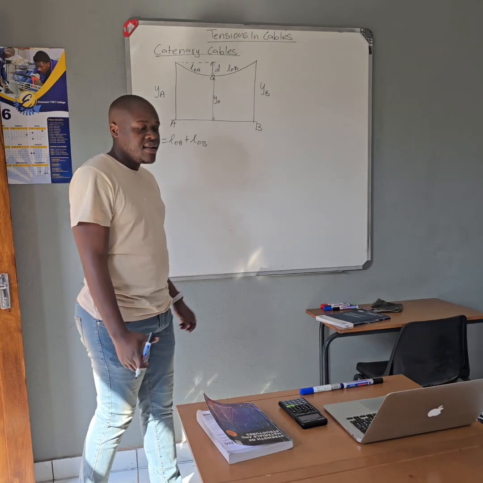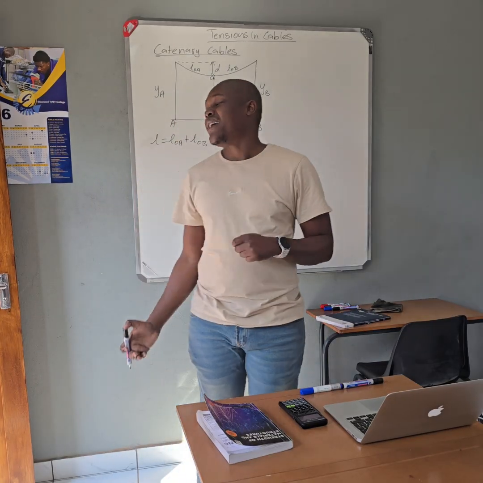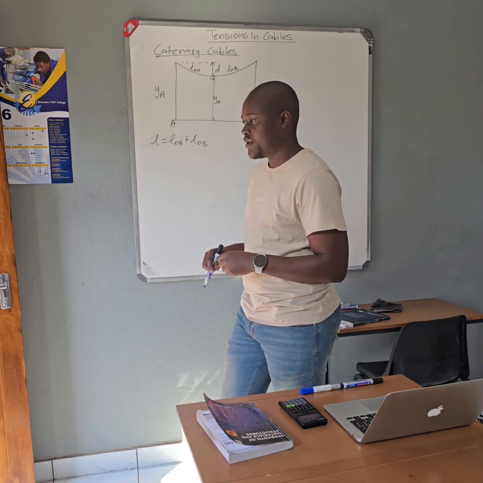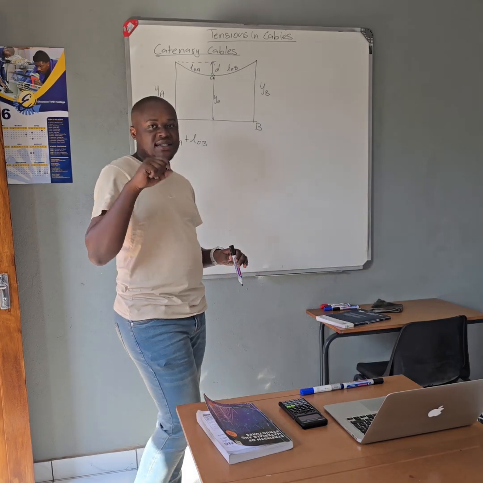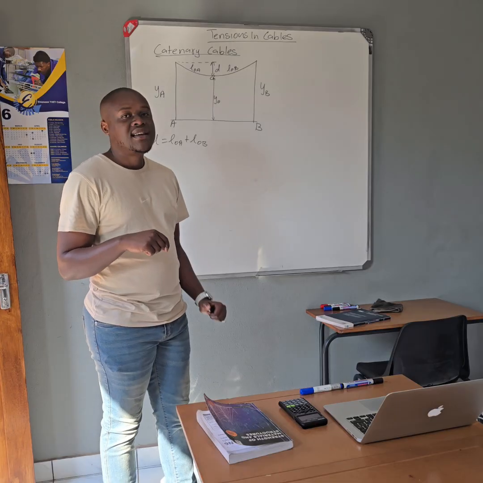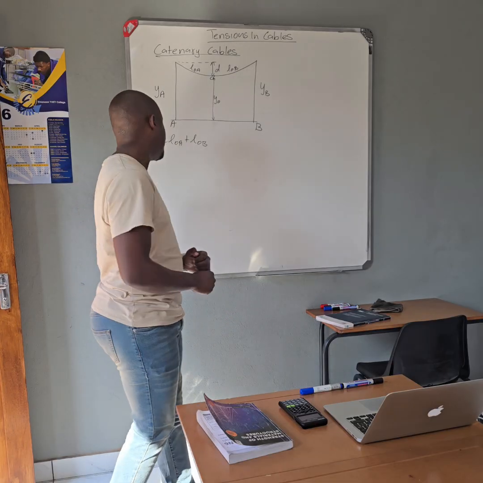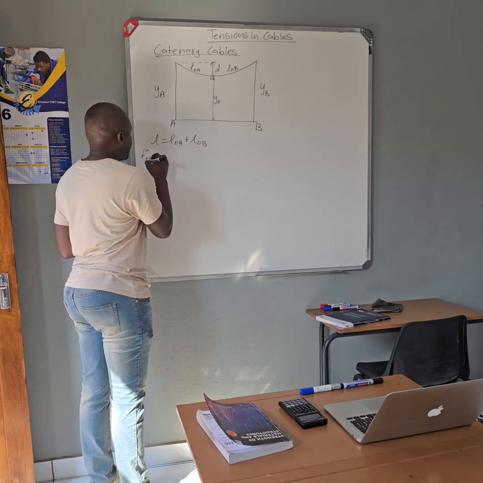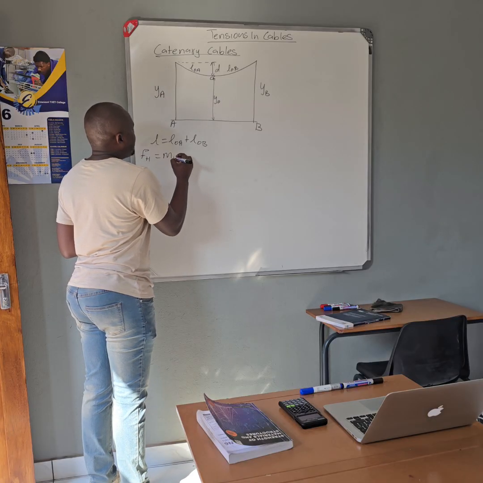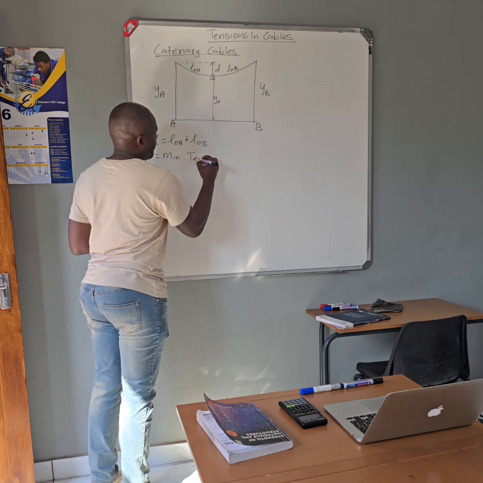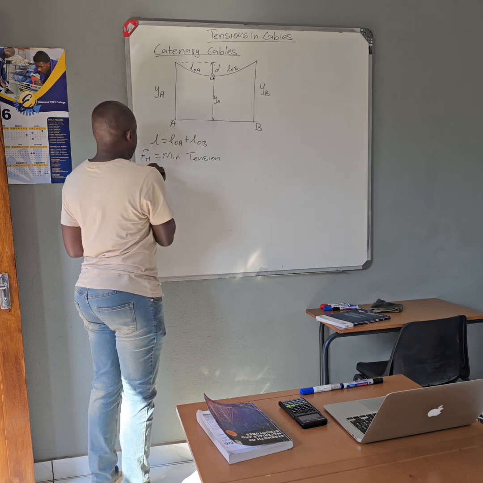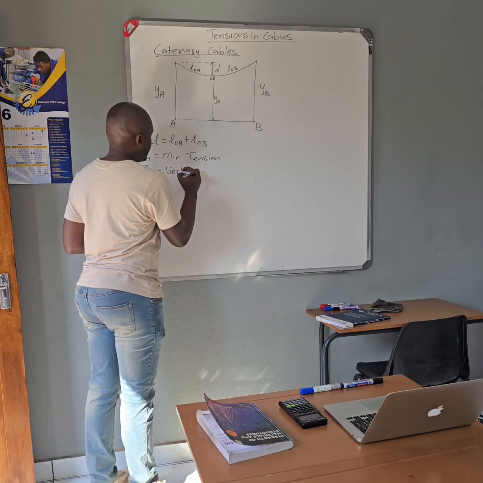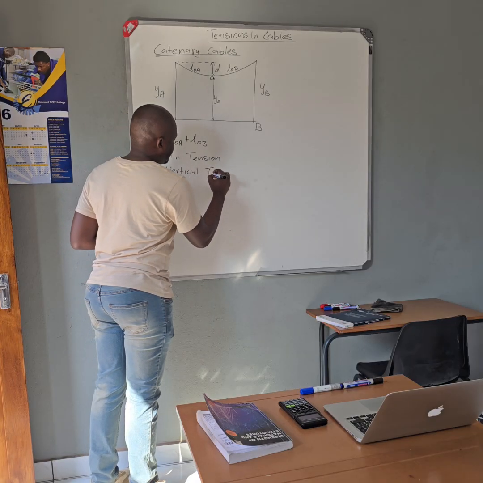Then there are forces that are acting on our support as well as in the cable. When the question says calculate the minimum tension, let's name the forces first. We have FH, which is our minimum tension. Then FV is our vertical tension.